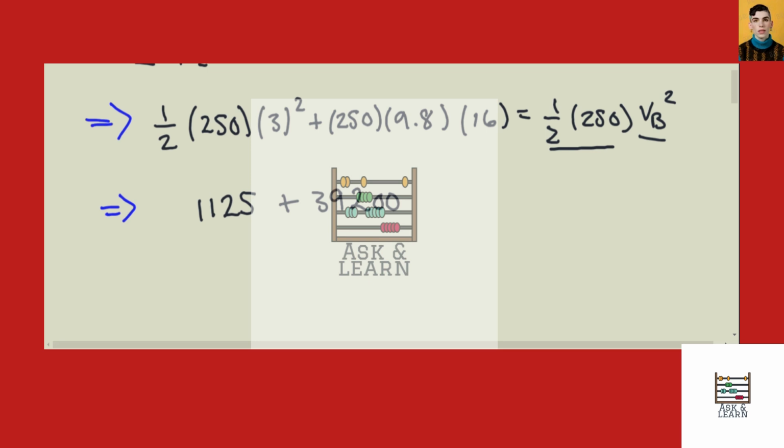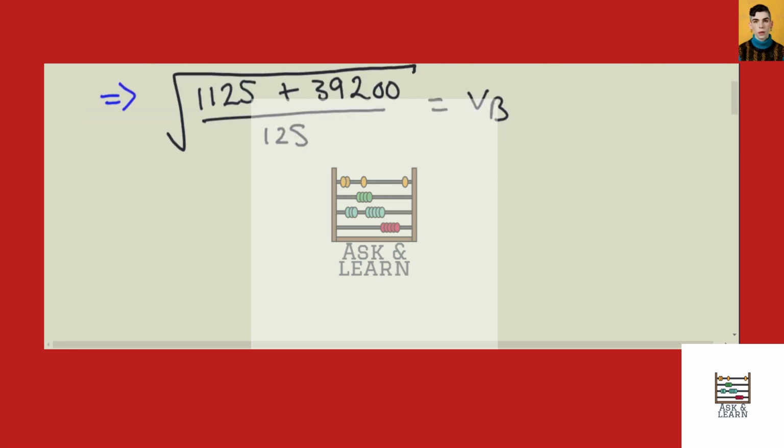So VB is squared, so we take the square root of both sides to get VB by itself. So the velocity at the bottom at point B, VB, is equal to 17.96 meters per second.